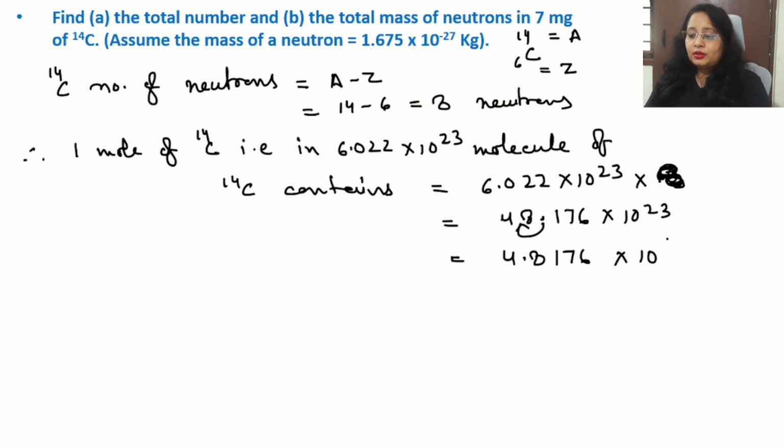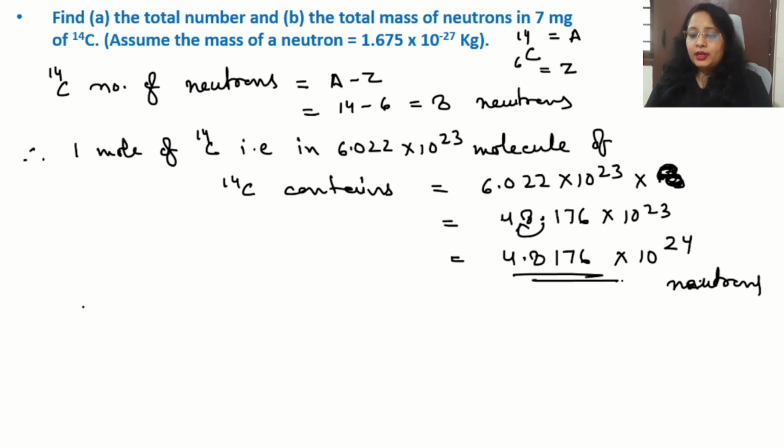So adding 1 to the power, it will become 24. And these are the number of neutrons. So in 1 mole of carbon 14, number of neutrons are 4.8176 into 10 to the power 24.